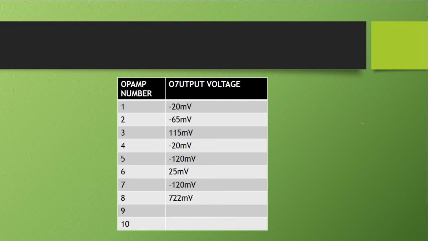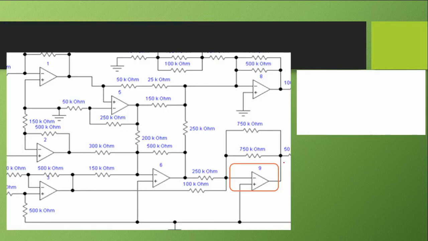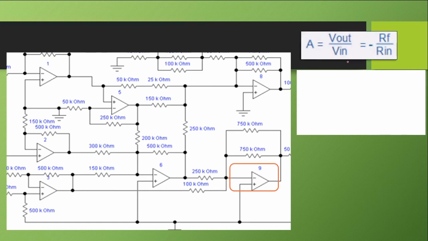2 more left, for op amp 9 and 10. For op amp 9, the positive is connected to ground, so we have an inverting amplifier. Our inputs are 1 here from op amp 6 and 1 here from op amp 3.